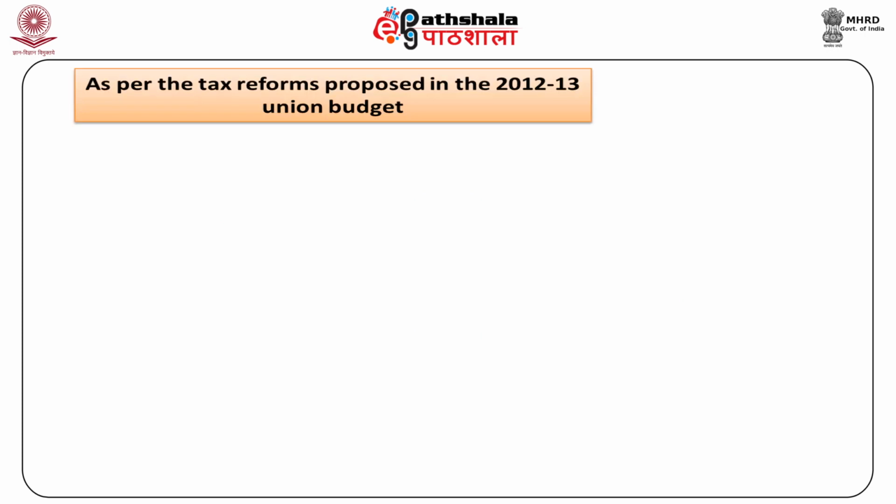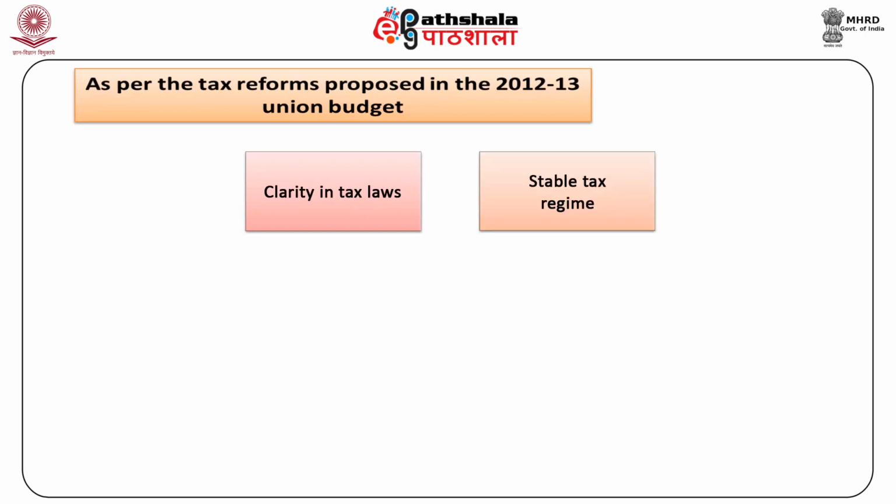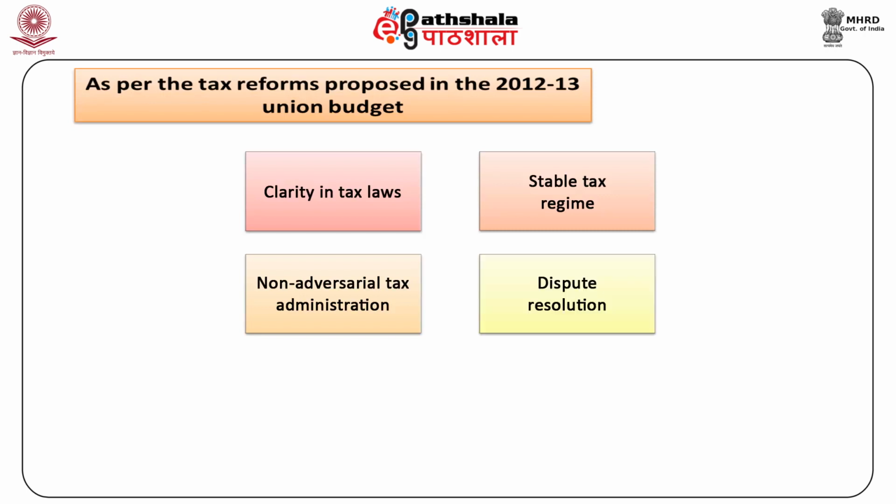As per the tax reforms proposed in the 2012-13 Union Budget, the theme of tax proposals was focused on clarity in tax laws, stable tax regime, non-adversarial tax administration, dispute resolution, and independent judiciary.